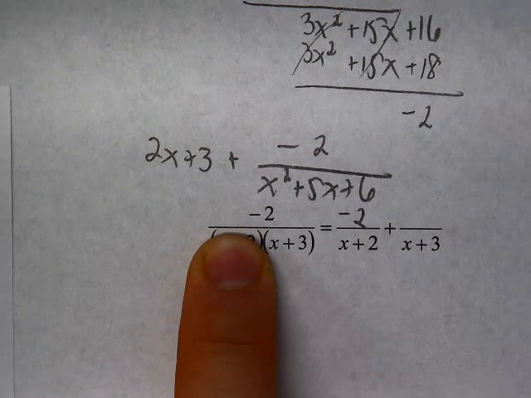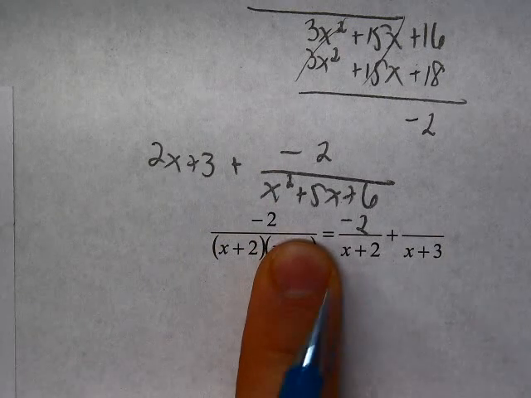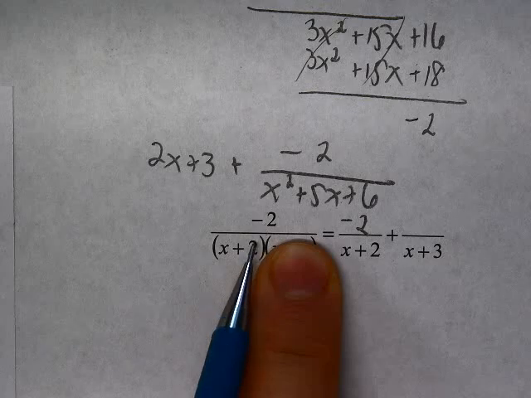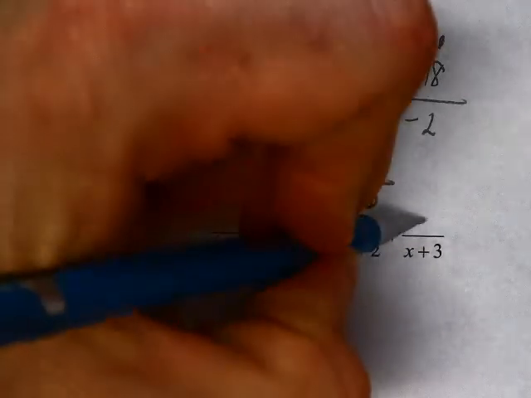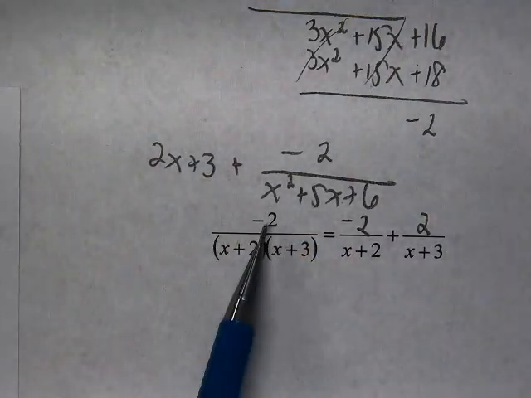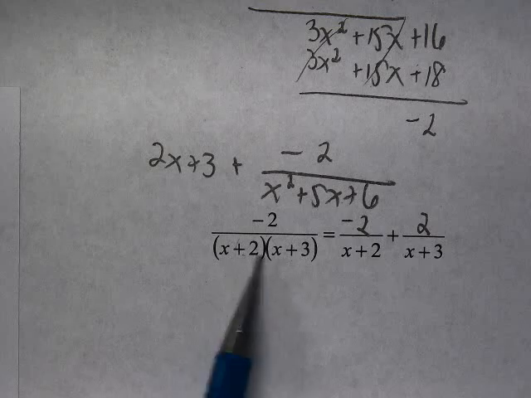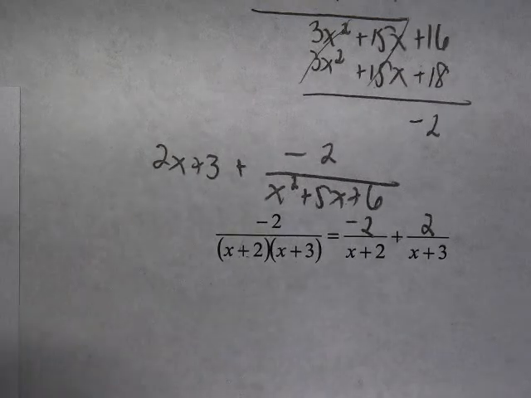So I get negative 2 there. And then for x plus 3, I'm going to cover that over and I'm going to let x equal negative 3. So I have negative 2 over negative 3 plus 2, negative 2 over negative 1. That's a positive 2. So this expression, negative 2 over x plus 2, x plus 3, is equal to negative 2 over x plus 2 plus 2 over x plus 3.